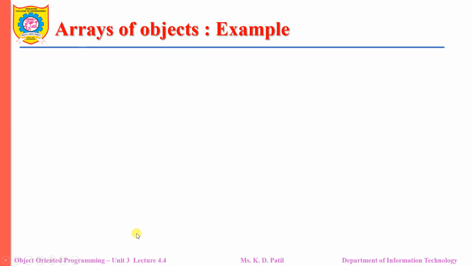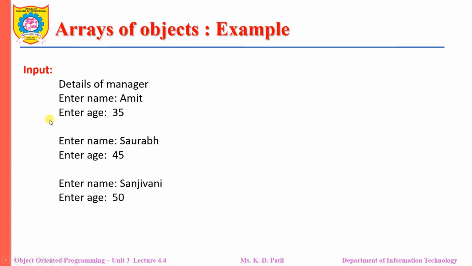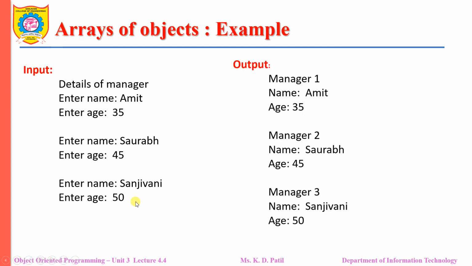If I enter the input for the first manager, that is manager 0, I will enter name and age as Amit and 35. At manager 1 I will enter the name as Saurabh and age as 45, and the third is Sanjeevani and the age is 50. I will get the output in this manner.